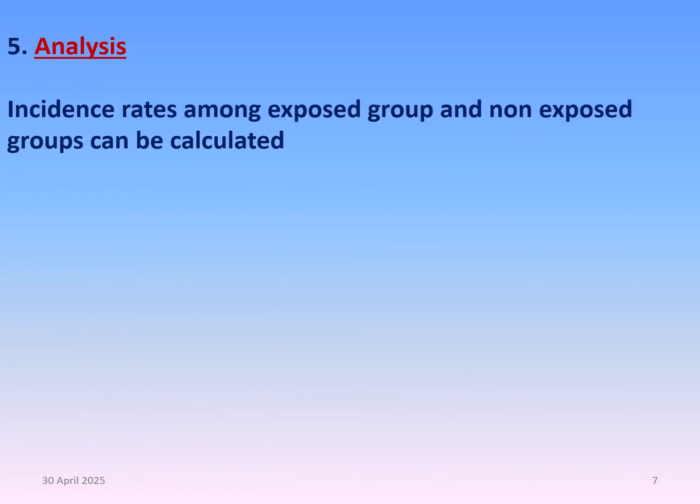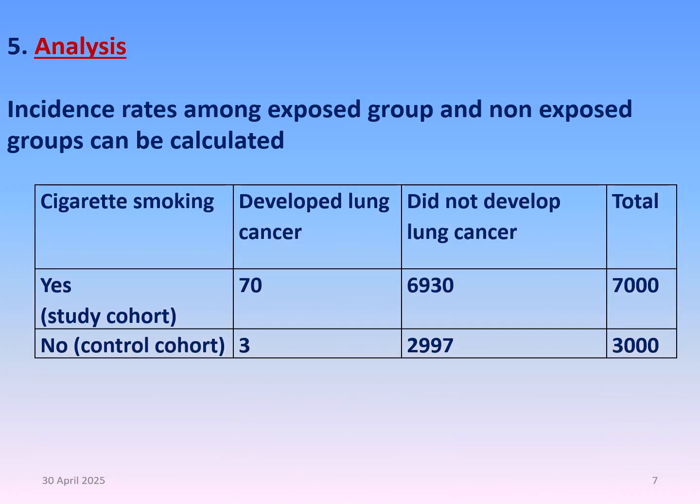Analysis. Incidence rate among exposed group and incidence rate among non-exposed group can be calculated. Exposed group or exposure cohort, and non-exposed group or control cohort. Incidence rate of disease is calculated in both the groups. In this example, the exposure cohort is cigarette smokers.